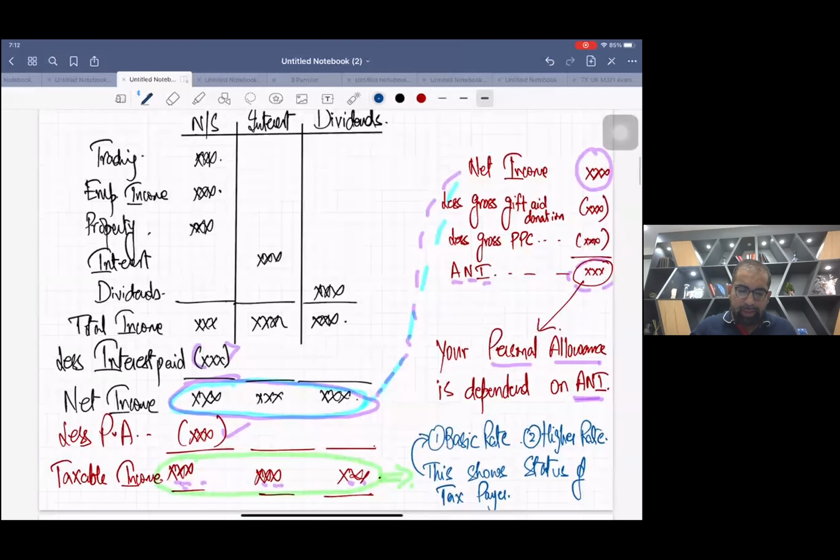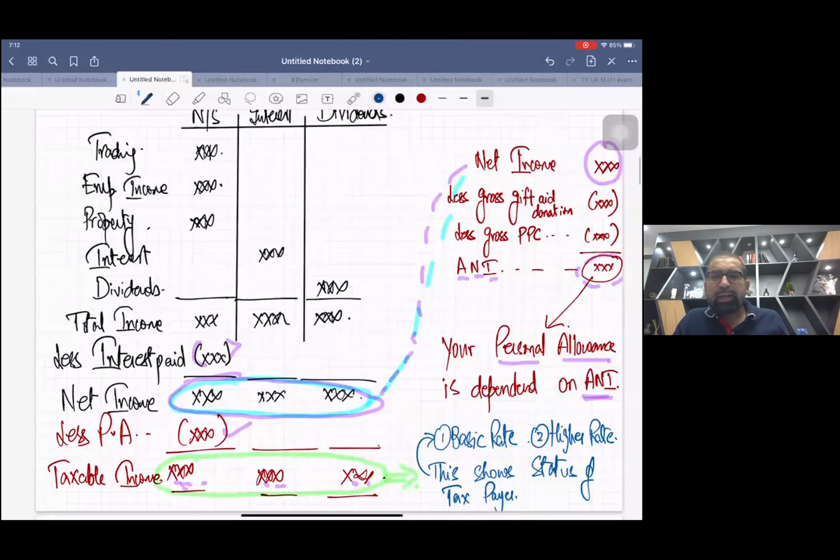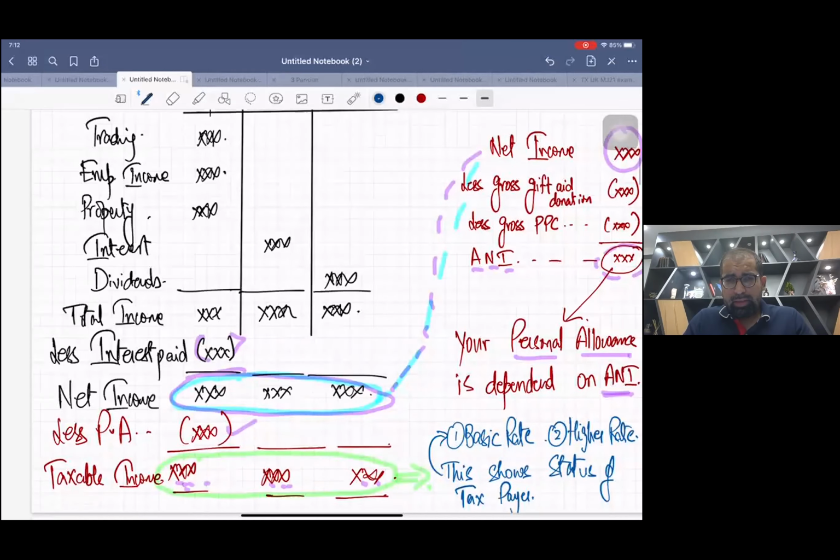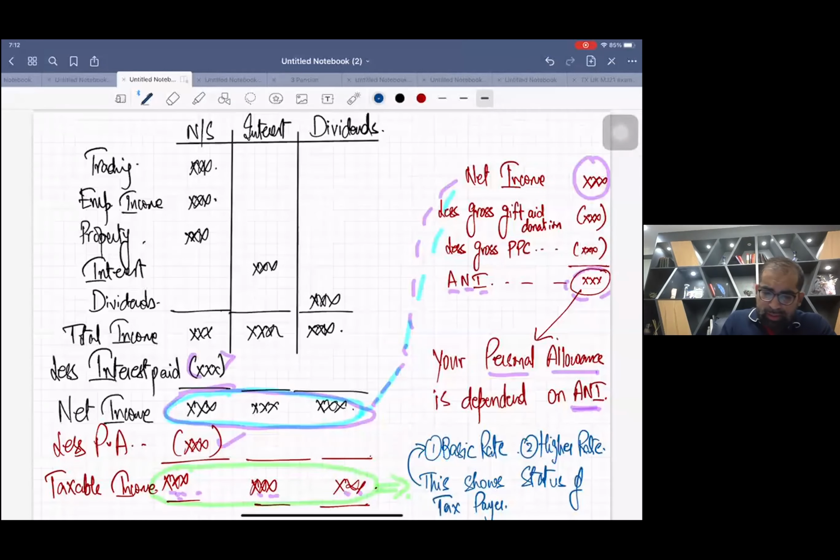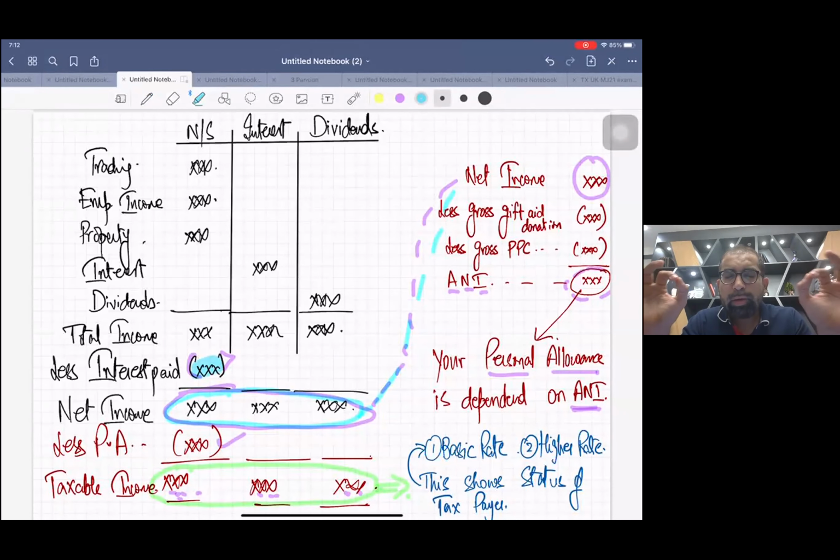Once you calculate the total income, then you will deduct the interest paid. This interest paid is basically qualifying interest paid. I'm sure you all know what qualifying interest is.